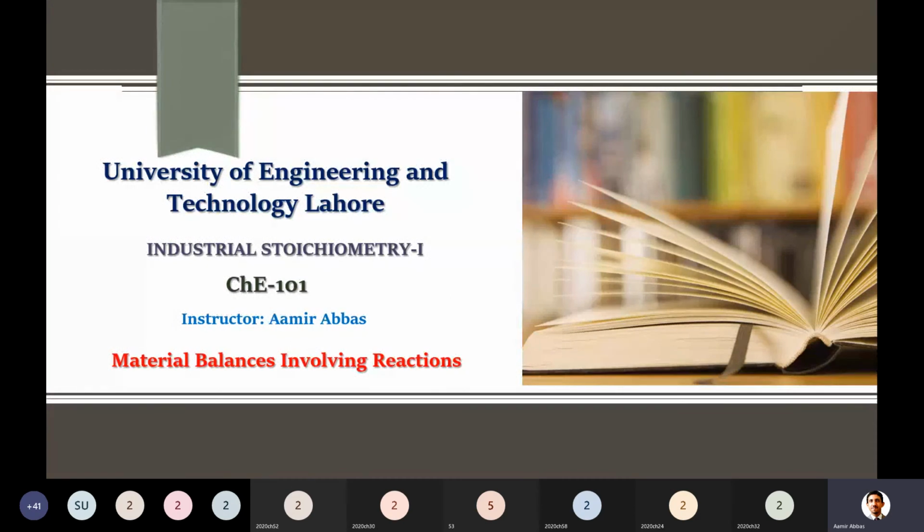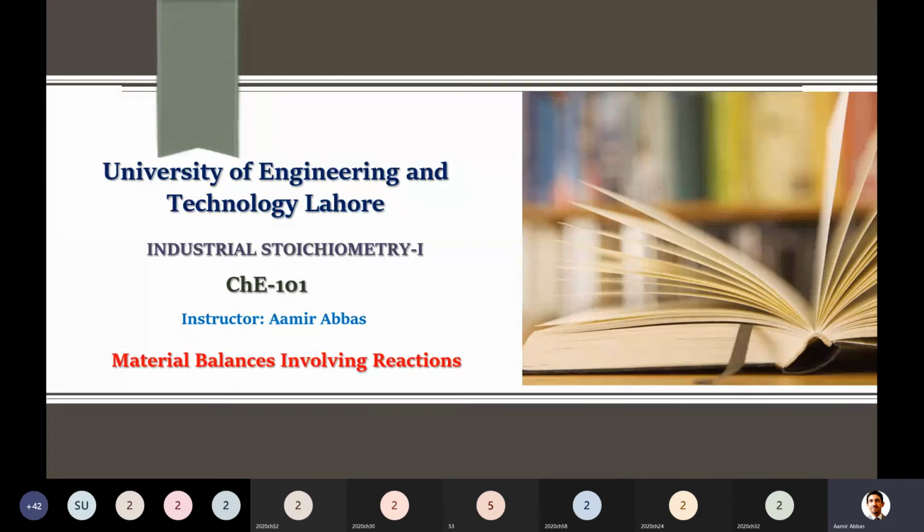And then at the end of the lecture, we discussed that if you have reactions in which the reactants are in stoichiometric ratio and the reaction is complete, so all reactants get converted to products, those are pretty easy to solve.